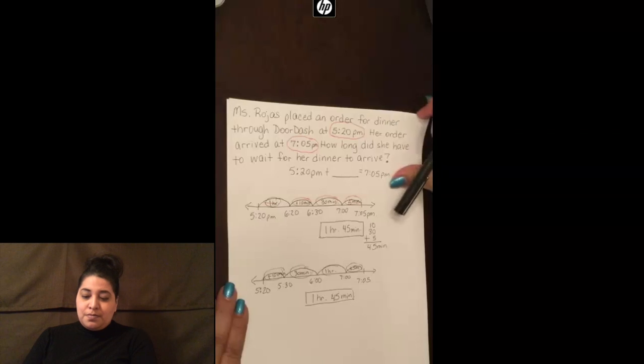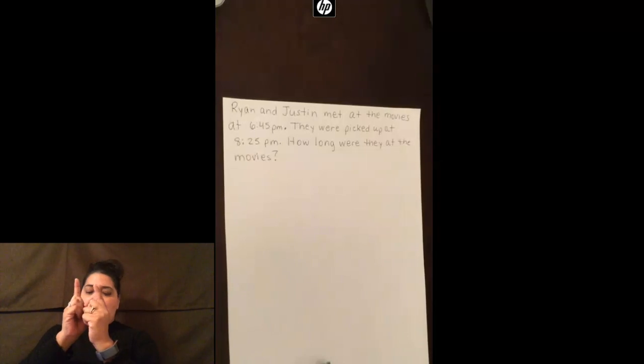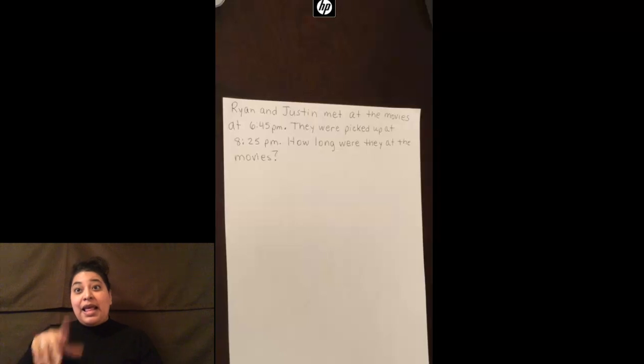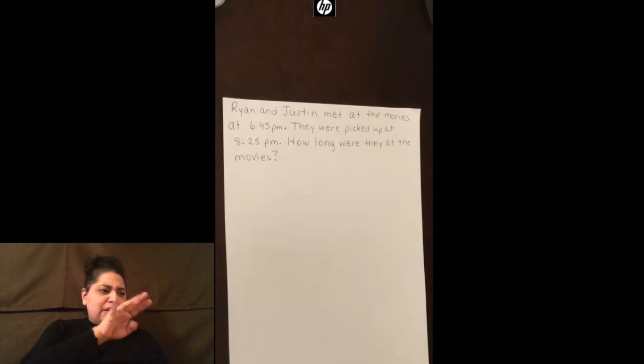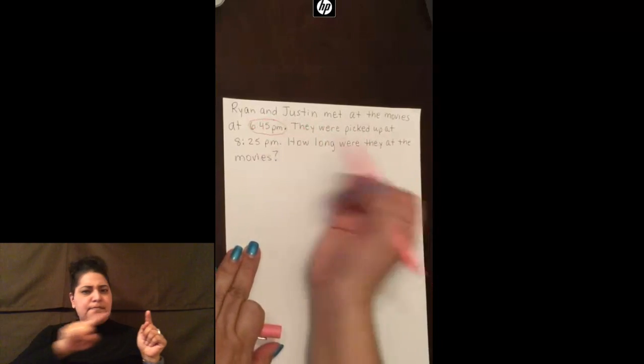Okay, let's try another one. Now with this problem, it says Ryan and Justin met at the movies at 6:45 p.m. They were picked up at 8:25 p.m. How long were they at the movies? All right, so let's look at our information again. Here we still have our start time at 6:45.